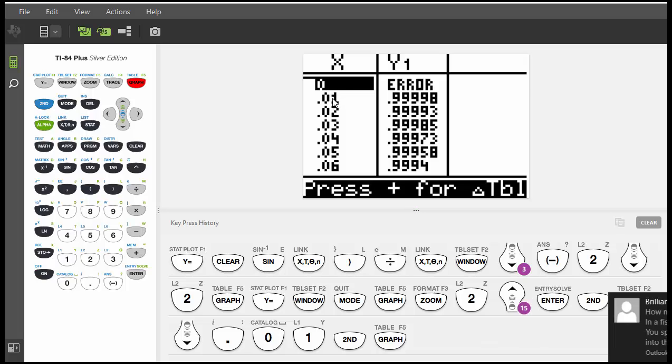But if I approach from the right-hand side, notice 0.06, 0.05, 0.04, 0.03, I'm approaching from the right. At 0, I get an error. It's undefined. But this guy is clearly headed for 1, right? 0.994, 0.995, heading for 1. Now, let's see.